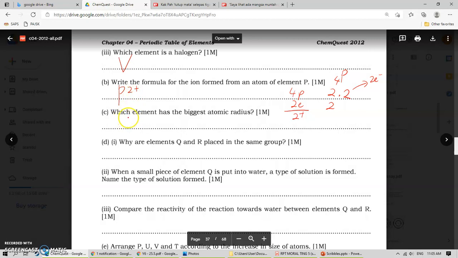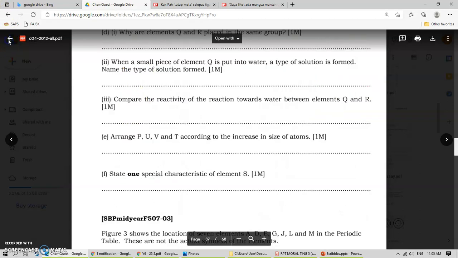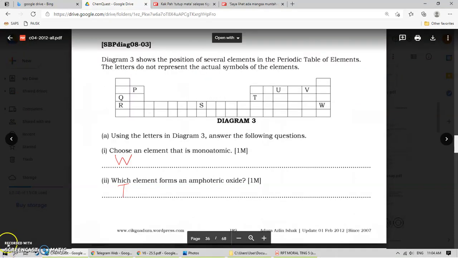Question C. Which element has the highest atomic radius? That means the biggest atom size. Let's look at the one with the most number of shells. Period 1, 1 shell; period 2, 2 shells; period 3, 3 shells; period 4, 4 shells.